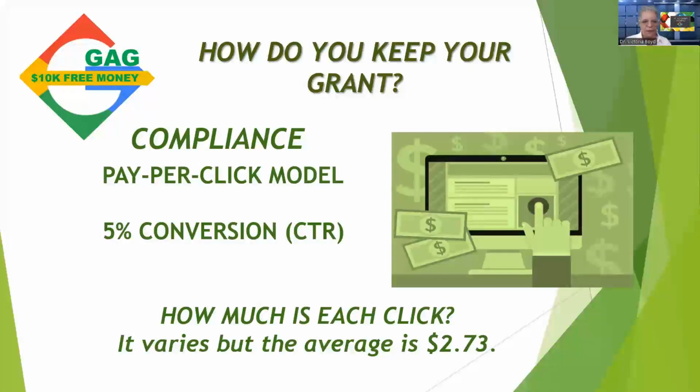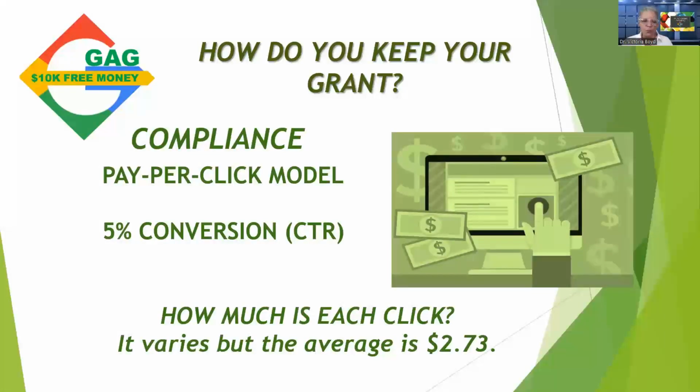Once you're allowed and given the grant, it will go on and on and on as long as you stay compliant. And they use what is called a pay-per-click model. If you've ever done any type of ads, you know that pay-per-click is the platform that many organizations use.